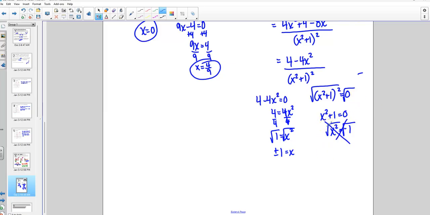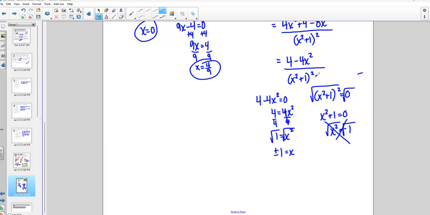That happens sometimes. If I had thought about it before I even started, if I take a number and I square it, what kind of number do I get? Positive. It's got to be positive, right? Then if I add 1 to it, still positive, and definitely greater than 0. Then I'm going to square it again.